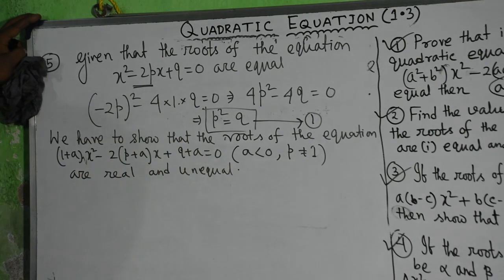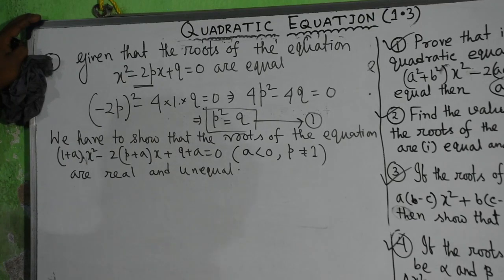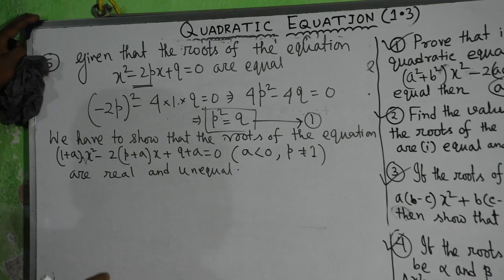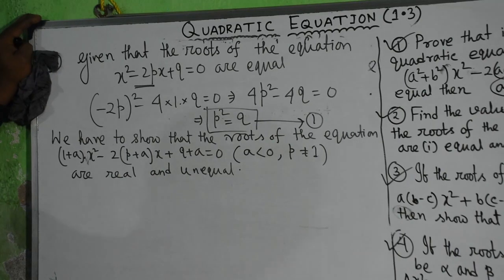That means we have to show that b square minus 4ac is a positive quantity, strictly greater than 0.